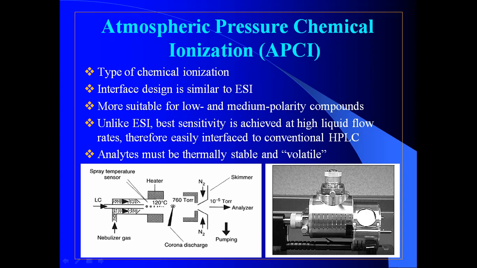The self-starting corona discharge ion current in the microampere range is created as a result of the electric field between the discharge needle and the curtain plates.